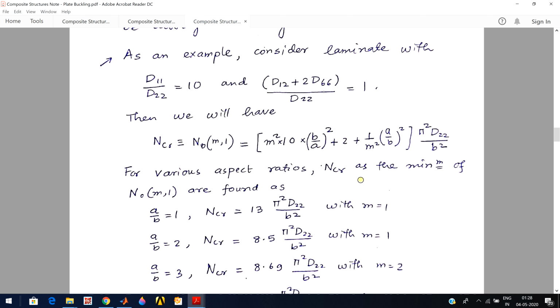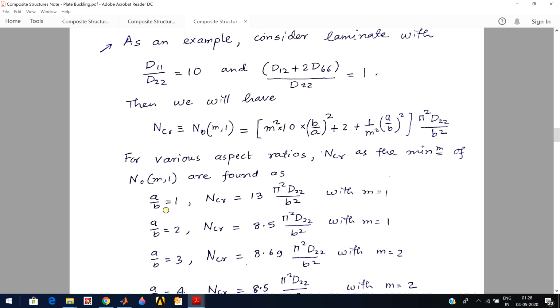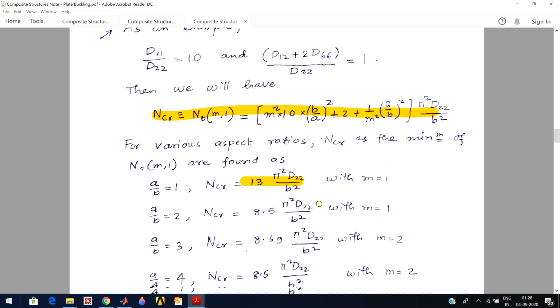So now let us first set the aspect ratio, let us say for a square plate. Now after checking this expression, we can see that the critical value of the buckling load will be with m equal to 1, and that is this.